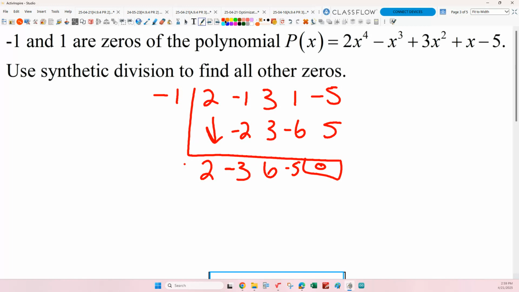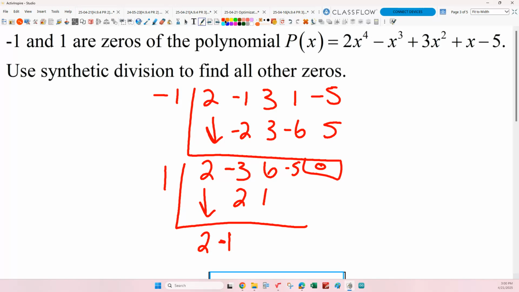So now I can use my other 0. That one was 1. So again, drop down the 2. 2 times 1, 2. -3 plus 2, 1. 1 times 1, it's 1.